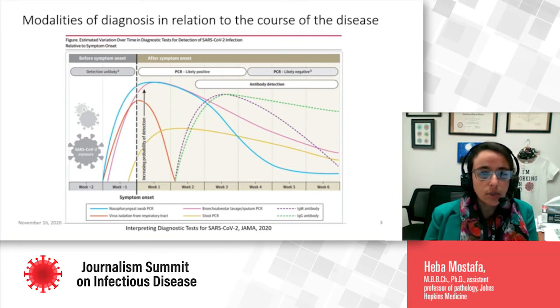PCR testing, as Dr. Carroll mentioned, you can actually have prolonged shedding and prolonged detection of that nucleic acid of the virus, as you can see on this graph, highlighted in that light blue line and the pink line. And then serology, which is the antibody detection, you don't expect to see antibodies really quickly. You see those antibodies kind of delayed, and this is why this method is not really used for initial diagnosis.